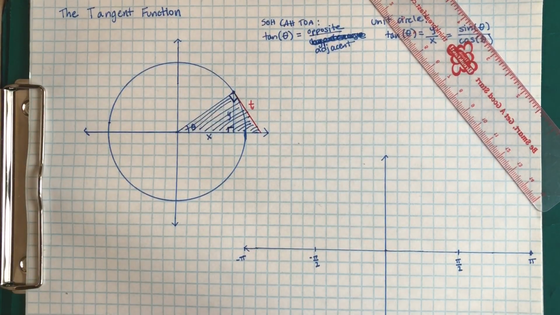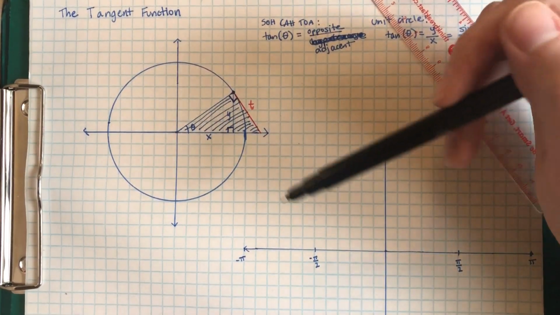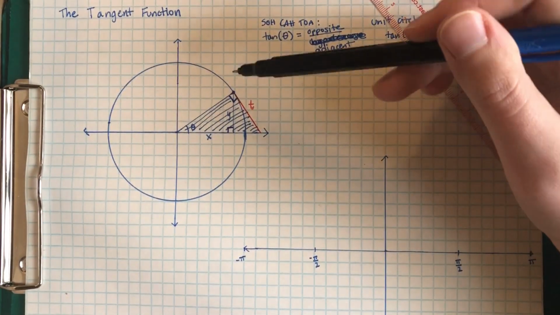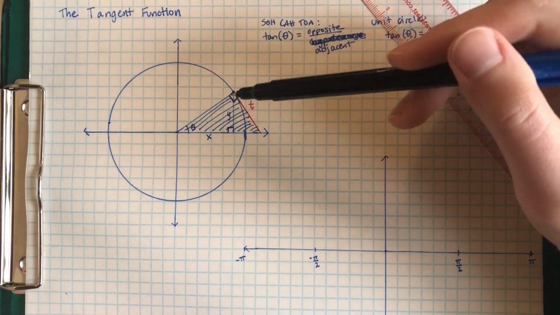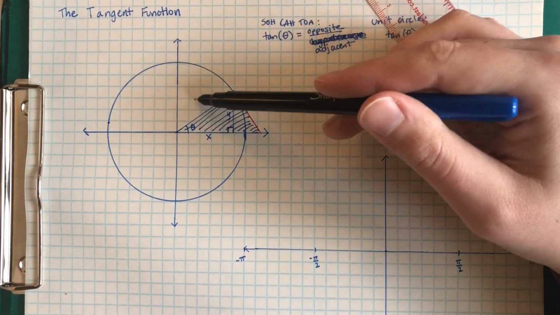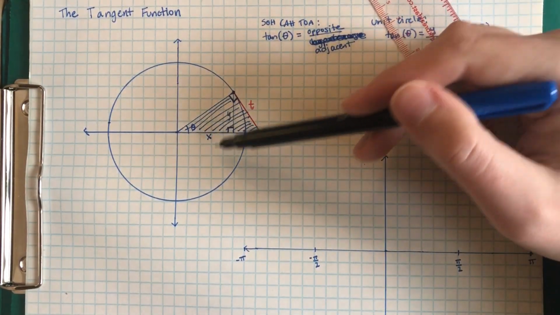this bigger triangle, and we want to think about the tangent of theta, we can still ask, what's the ratio of the opposite to the adjacent? And that ratio should be the same whether we're talking about this bigger triangle or the little one that we started with.